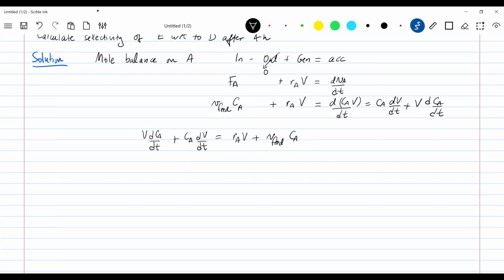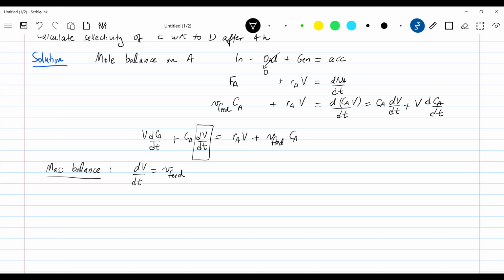So if we divide through, the first thing we need to know is what dV/dt is. So if you do a mass balance, and we derived this before, you find that dV/dt is equal to the volumetric flow rate being fed, right?